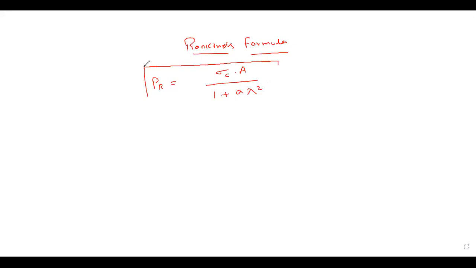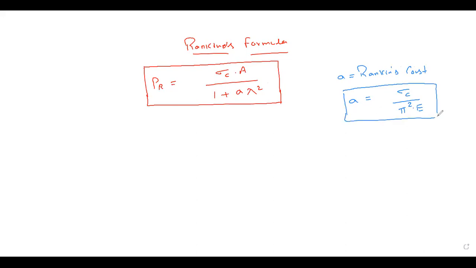This is the Rankine formula which we derived in the previous class, in which A is nothing but Rankine's constant. So what is that A? Sigma C by pi square into E, isn't it? So this is the Rankine constant. And what is lambda?